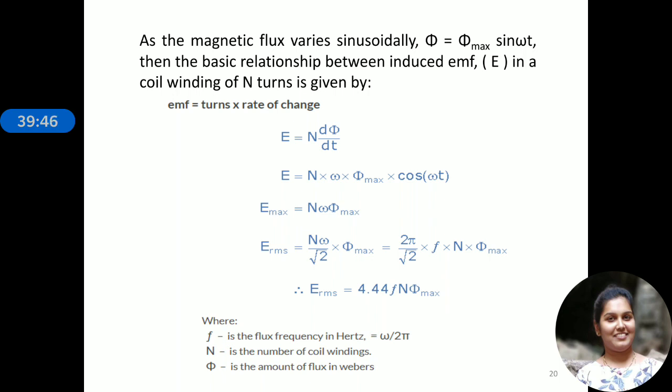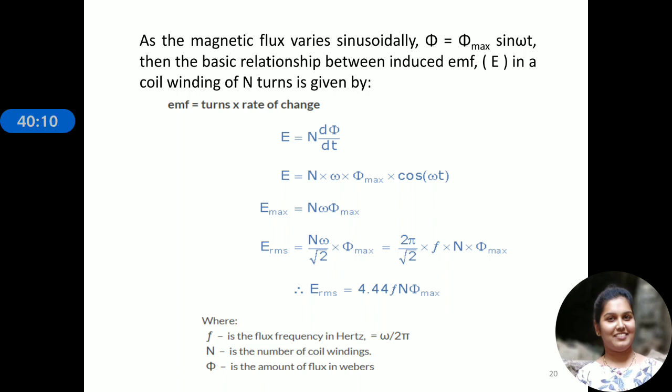Okay, so for the primary winding EMF, N will be the number of primary turns, NP, and for the secondary winding EMF, we take N as NS. That is, the EMF expression can be written for both the primary winding as well as the secondary winding.